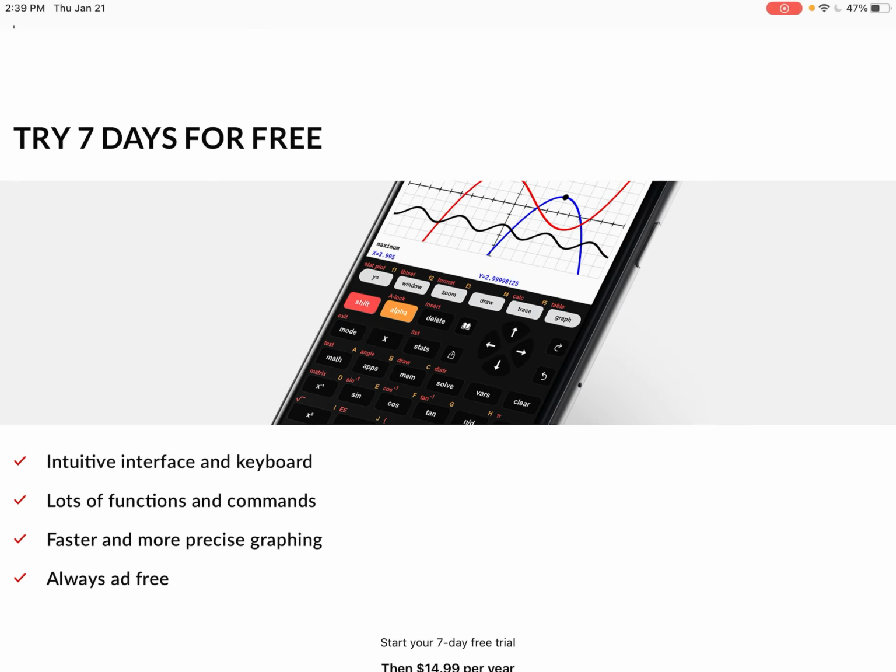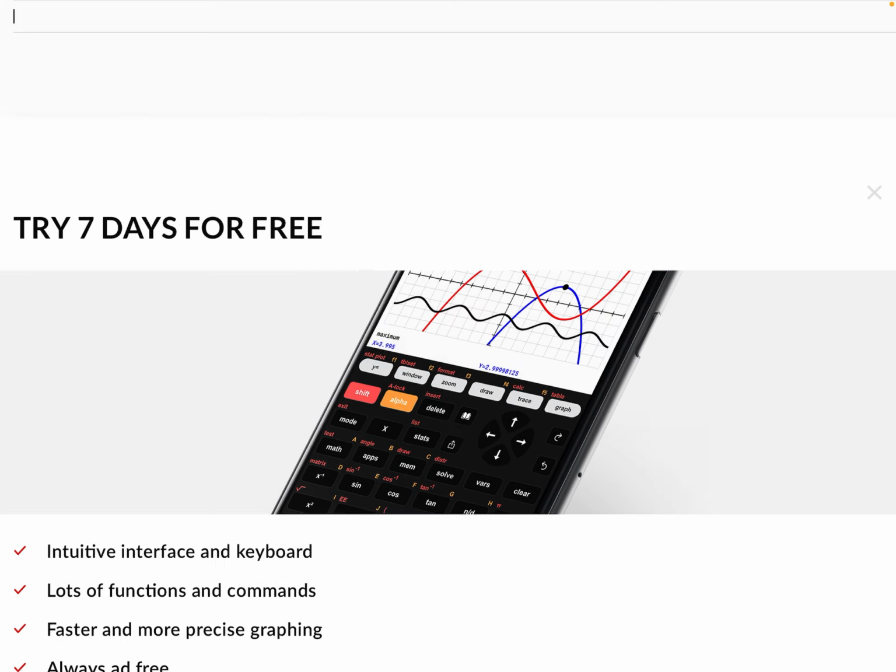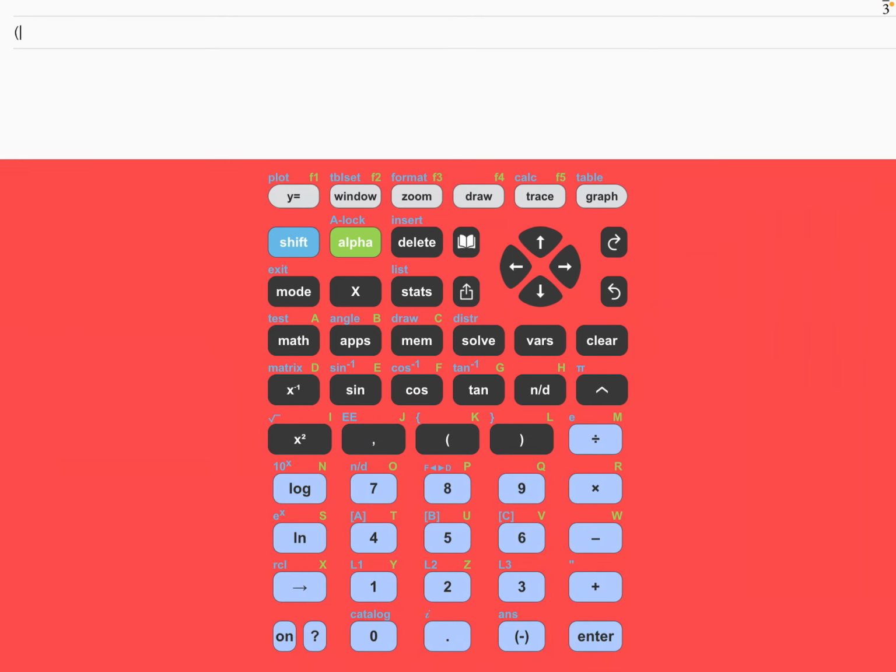When I type that in, I have to be really careful, so I put parentheses. I type that into my calculator, hit enter, and that is my answer right there.